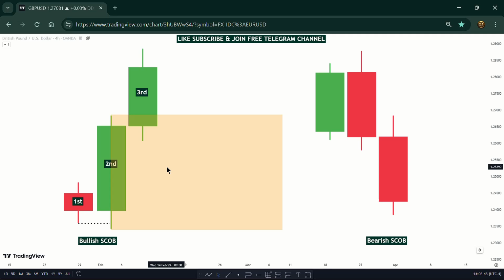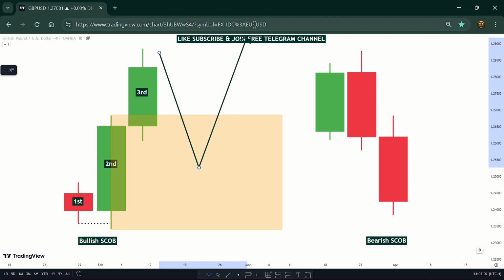What I mean by mitigated is that a candle has gone back like this. Let's say the market was going to the upside and it has already tested this candle here, and then has already gone up there.